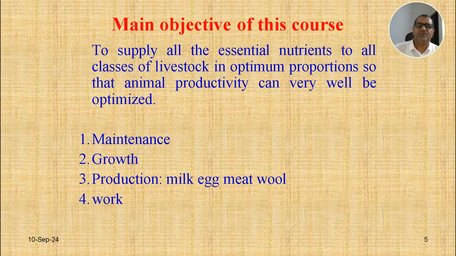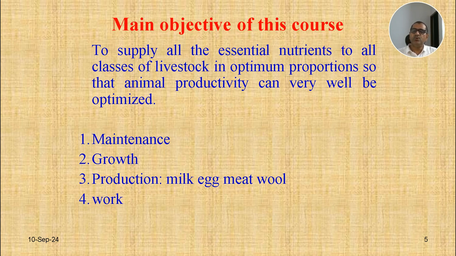Livestock, or the components of human life, may include domestic animals like cattle, sheep, goat, pig, poultry. Other than this, we also have the pet animals like dog, cat, etc. Then the game animals like the horse, donkeys, mules, and apart from this we have also got the wild animals.